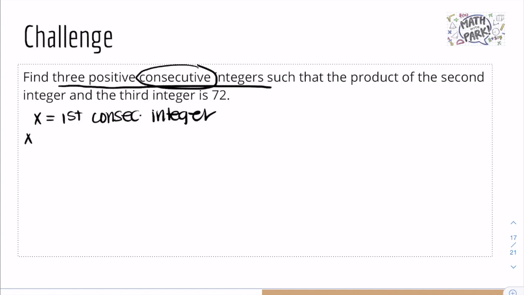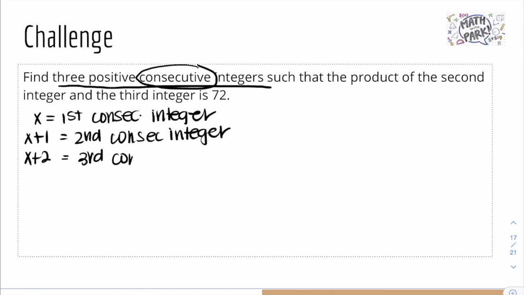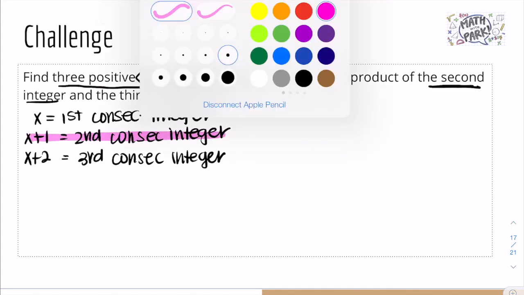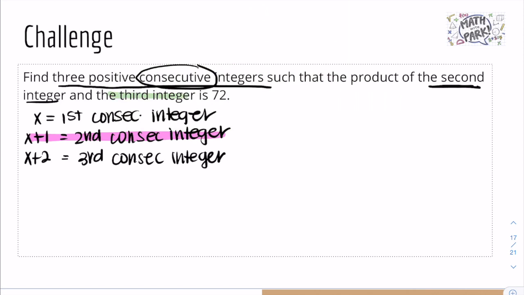X plus 1 will represent our second consecutive integer, and x plus 2 will represent our third consecutive integer. And we notice that the product of the second integer, which is this one, and the third integer is 72.